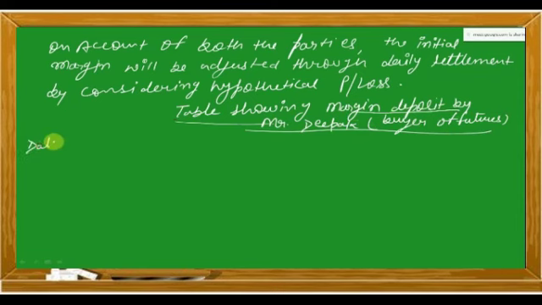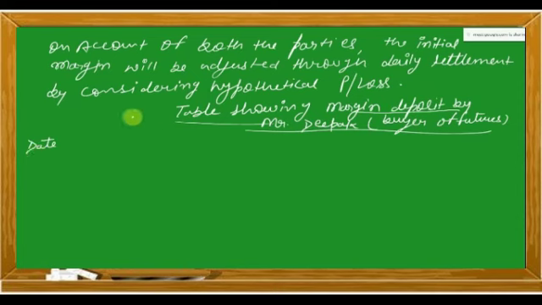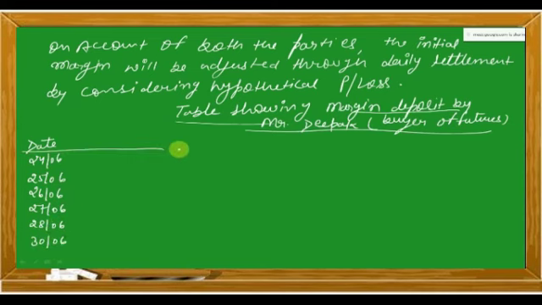So first column is date. So date is 24, 25, 26, 27, 28. 24 to 28. So 2406, 2506, 2606, 2706, 2806 and 3006. The first column will be of date. This we have done.